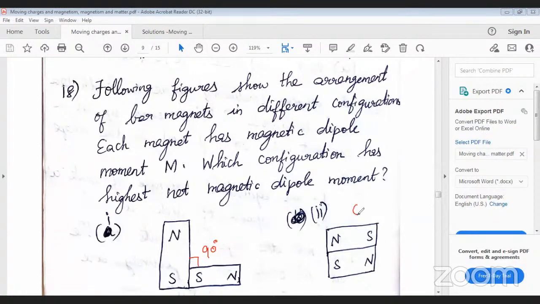This means here theta will be 180 degree. For the next configuration it is 30 degree, and for the fourth configuration it is 60 degree. So among the four configurations, theta equal to 30 degree is the minimum value. So for the minimum value of theta, cos theta will be maximum.